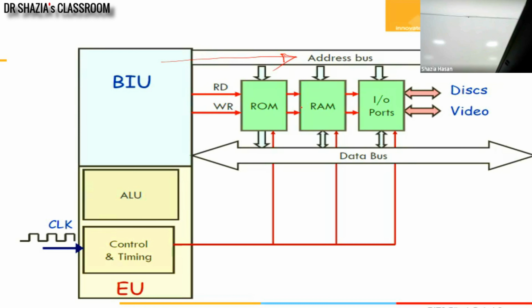Then after getting the information about memory read, memory write, or IO write, the data transfer takes place. The data is available to the BIU, or data comes from the processor to the device or from the device to the processor. And the execution unit is responsible for executing the instructions.